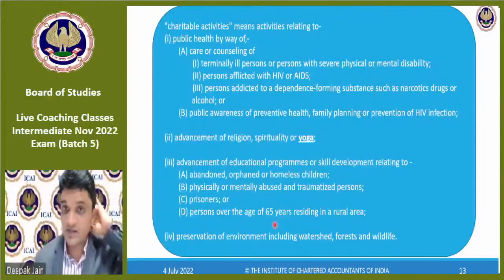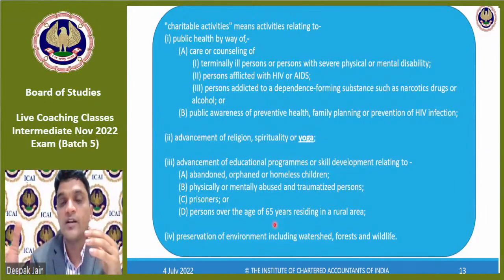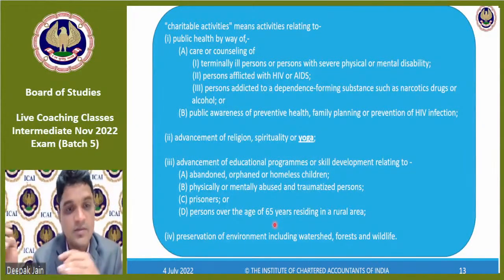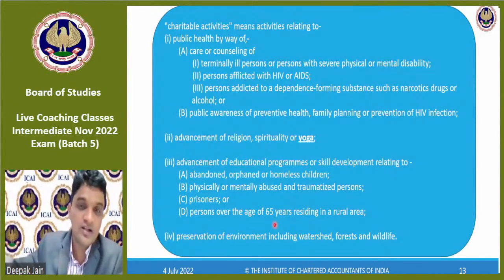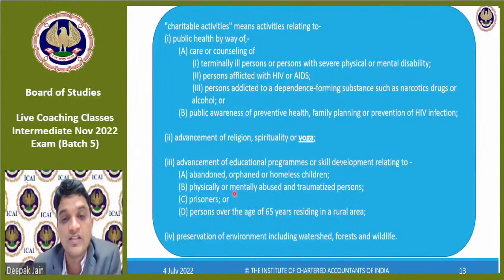In the educational services, we'll see any education services provided up to 10th standard or up to matriculation where degree is given, by anybody to anybody is exempted under educational services. But here it is specifically for this kind of children: abandoned, orphaned, or homeless children, physically or mentally abused and traumatized persons, or prisoners, or persons over the age of 65 years residing in rural areas.